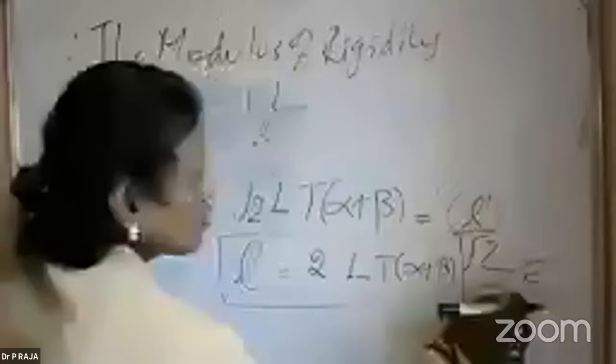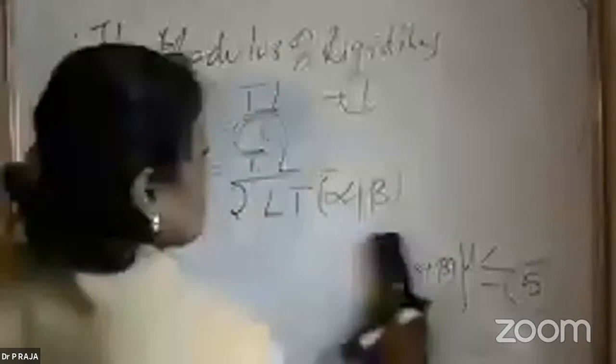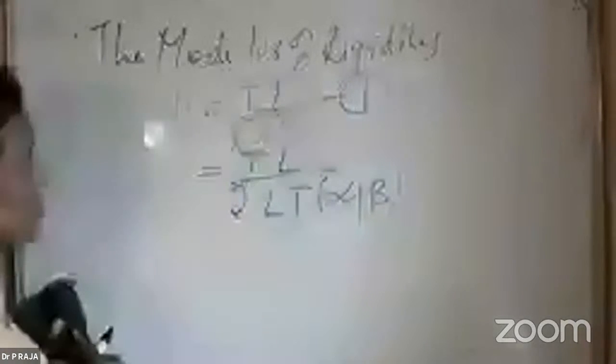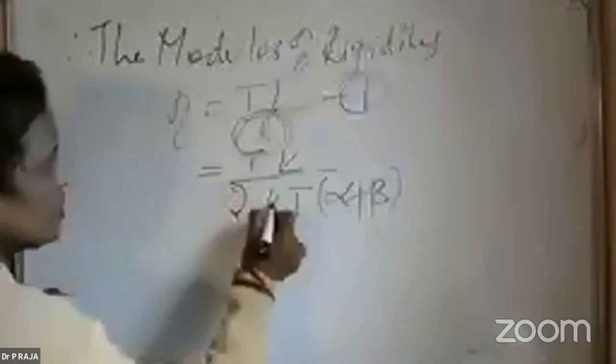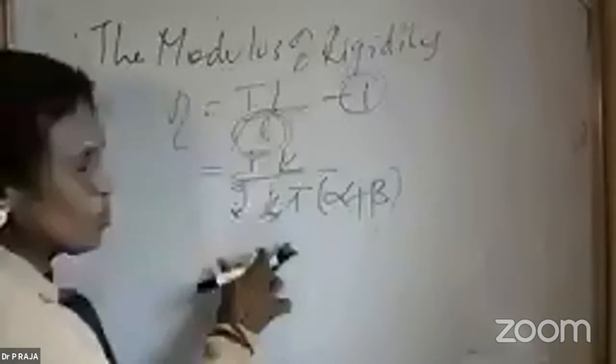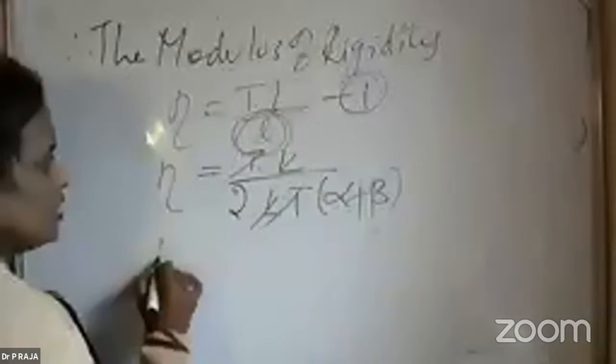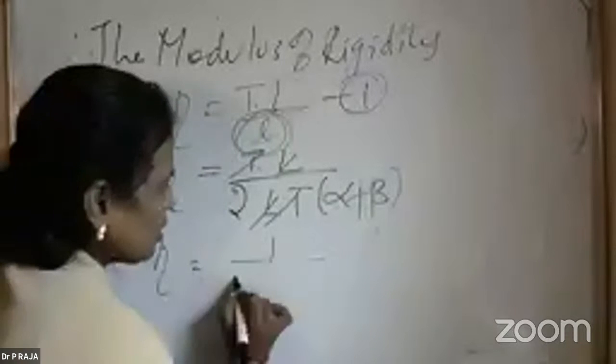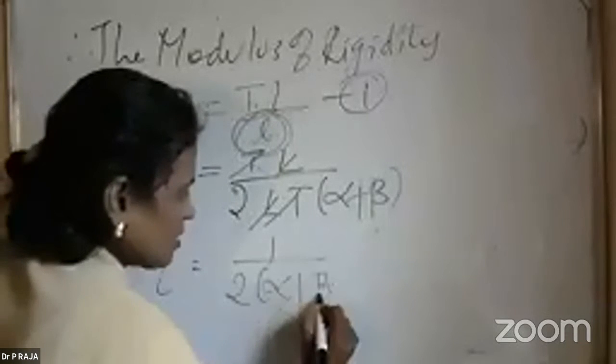I have substituted, the ultimate aim is this one. Now cancel out the common factors on numerator and denominator. So eta will become 1 by 2 of alpha plus beta.